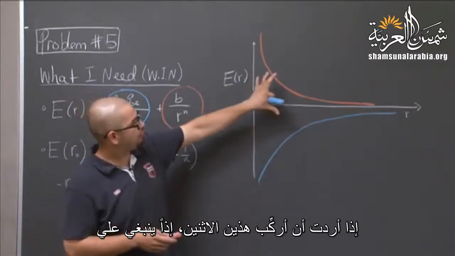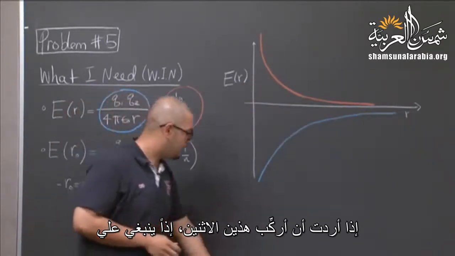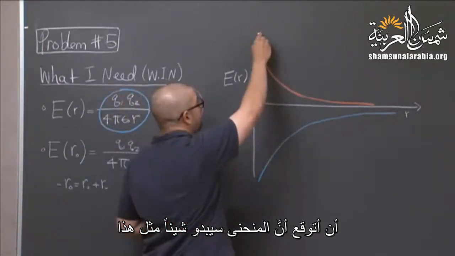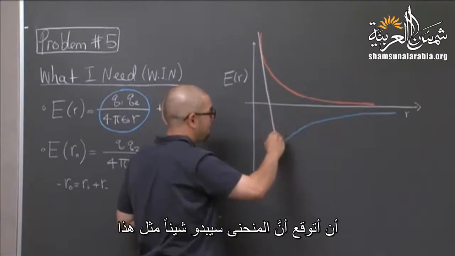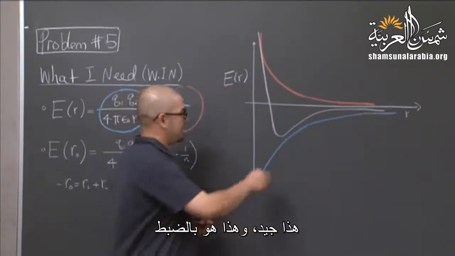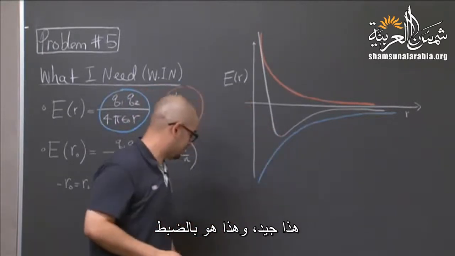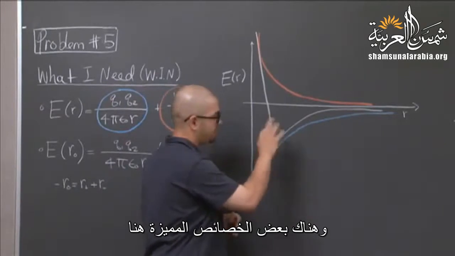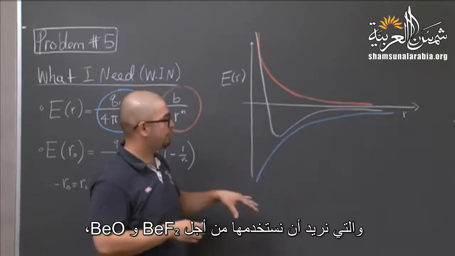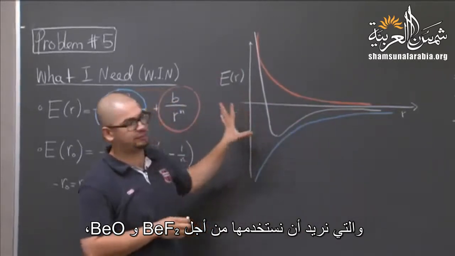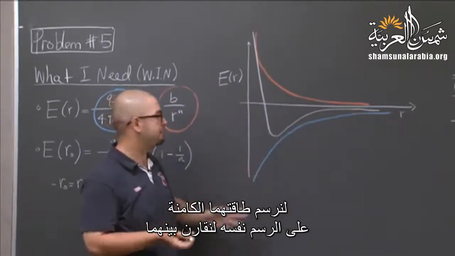If I superimpose these two, I should expect the curve to look something like so. This is exactly how the curve should look. There are some characteristic features here that we want to use BeF2 and BeO to draw on the same diagram and compare together.